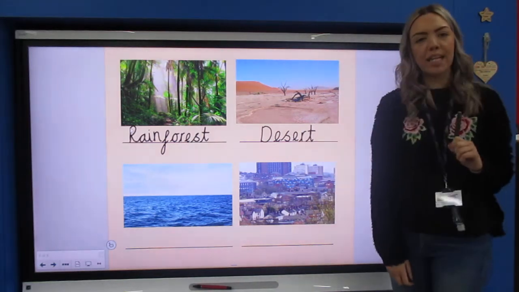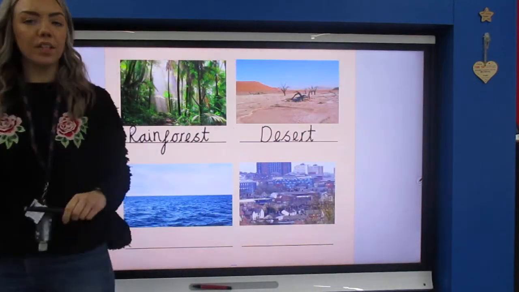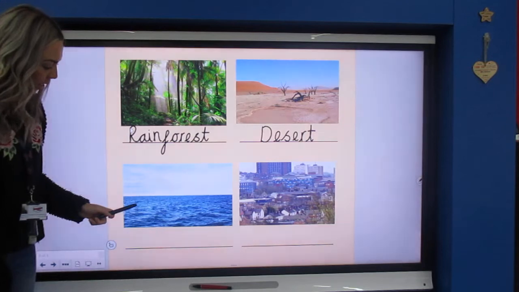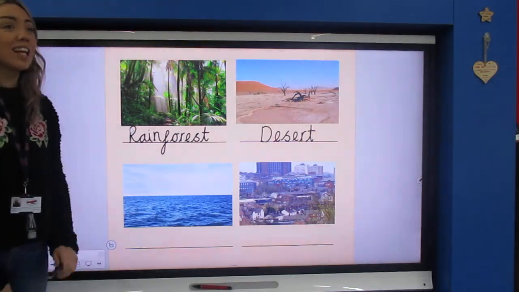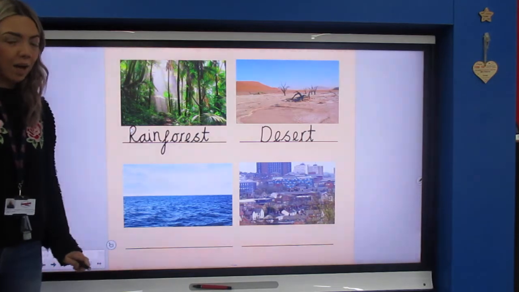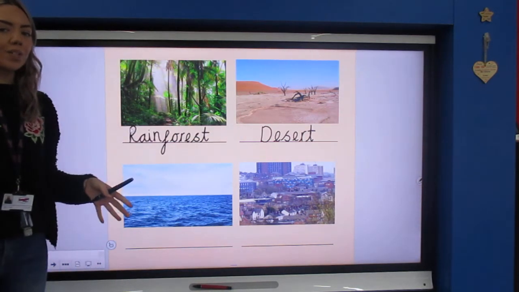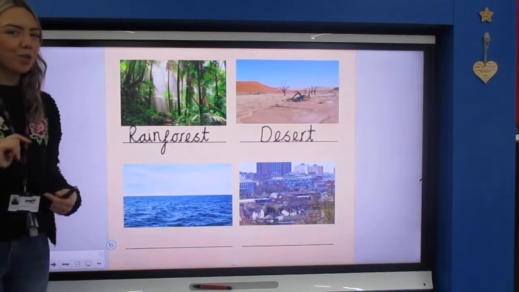Desert. Brilliant. Now let's go down over here and have a look at this type of habitat. Now what can we see? Lots and lots and lots of water. And when there is a big area of water, it is called an ocean.